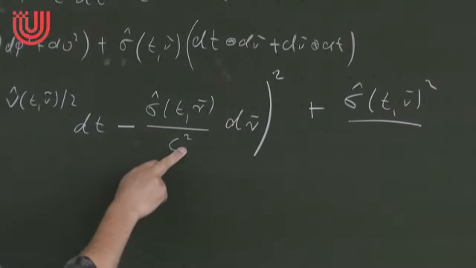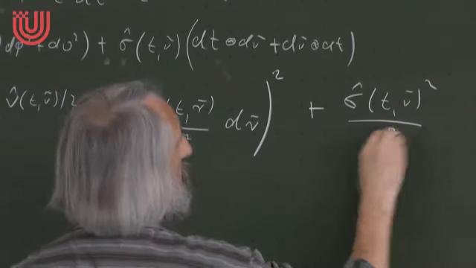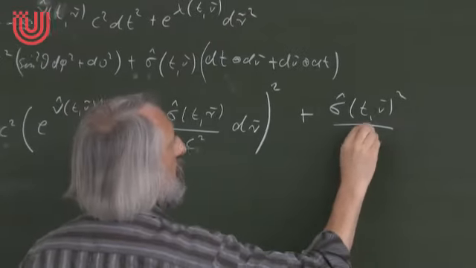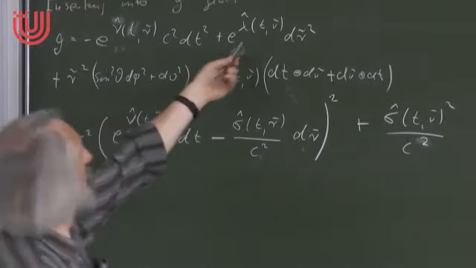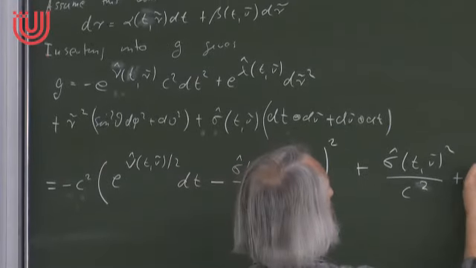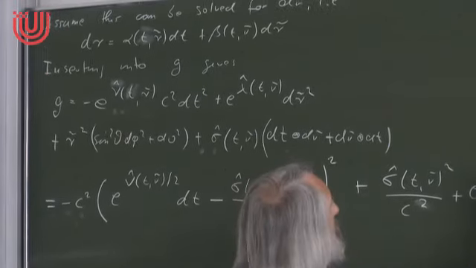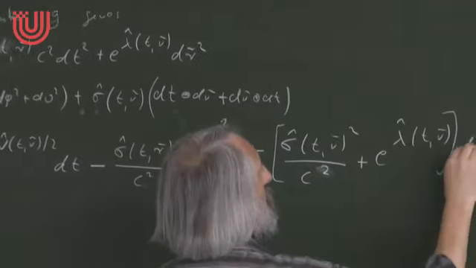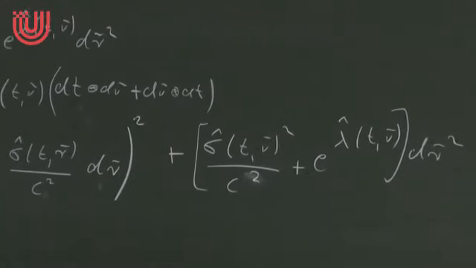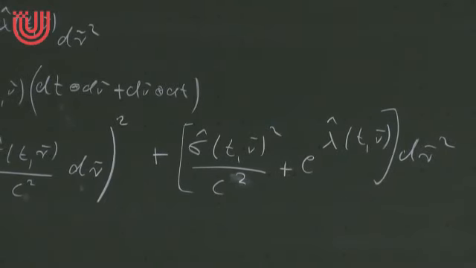This is c to the 4. With this c squared, I get a c squared in the denominator. And this comes with dr tilde squared. And I have another term with dr tilde squared, that's this here, lambda hat dr tilde squared. And the angular part which is not affected.